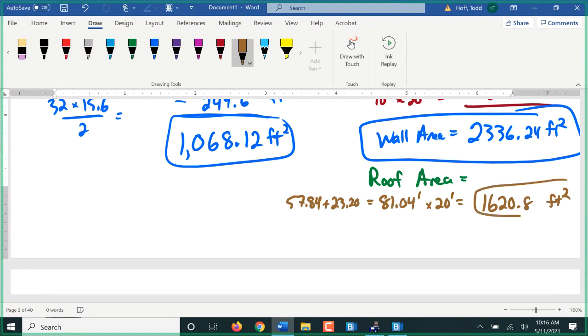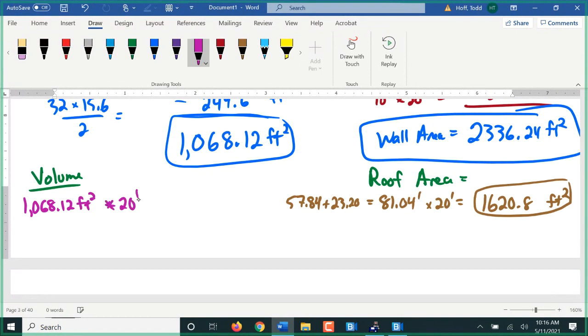We're going to save that. We will add to that later. We'll find the contribution to the volume of this. Contribution to the volume is that 1,068.12 square feet, also times that 20 feet.